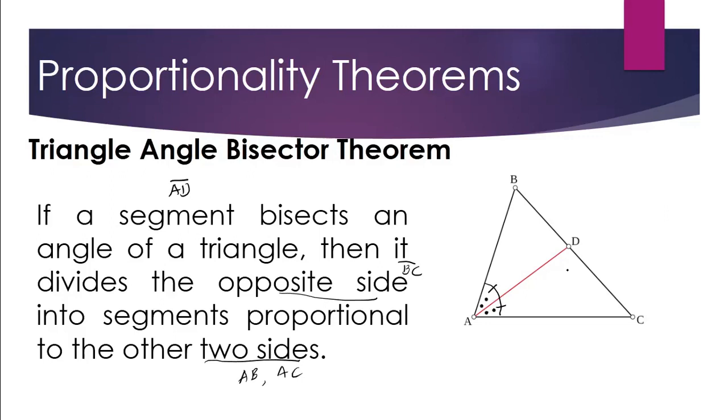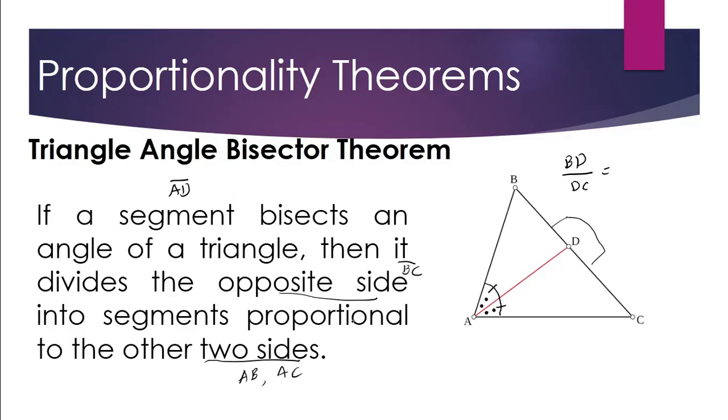So again, yung ating AD bisects angle A. So since angle bisector siya, hahatiin niya yung opposite side ng angle, which is BC, into segments proportional to the two sides. So yung pagkakahati sa BC, ayan, nagkaroon ng dalawang segments. We have BD, yung ratio ng pagkakahati ng BC, BD to DC, sabi, proportional daw.